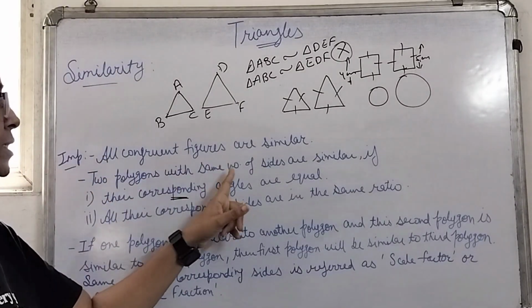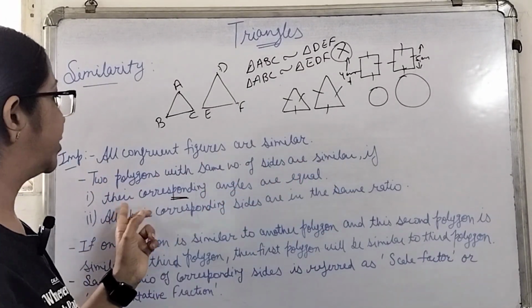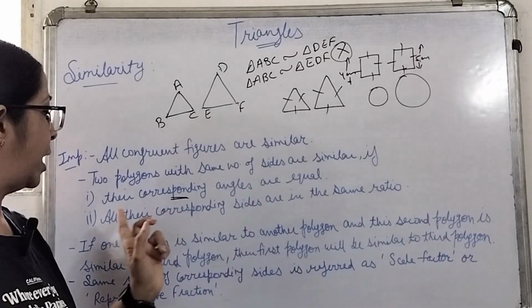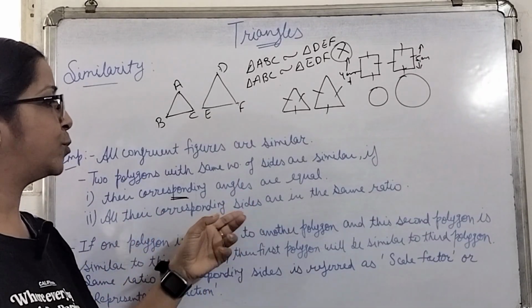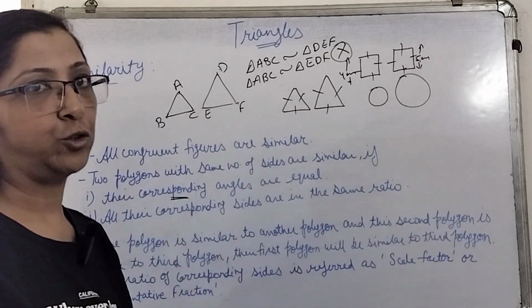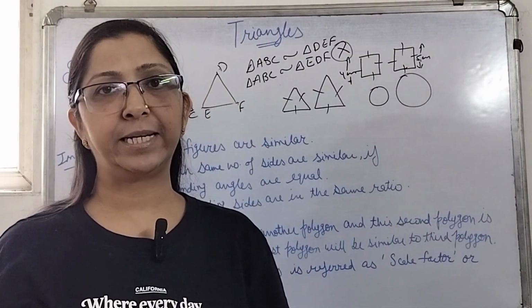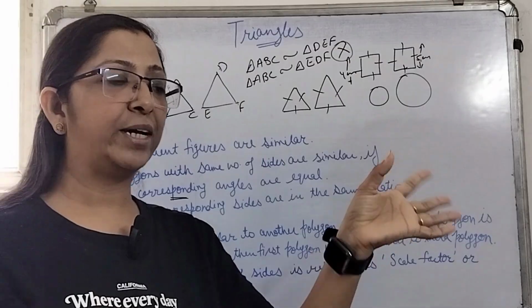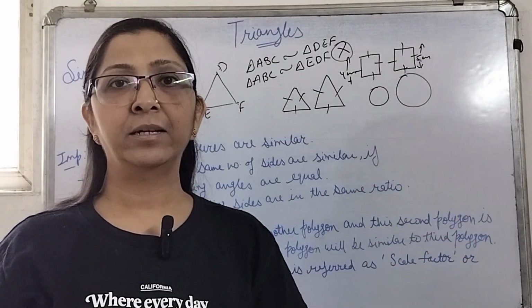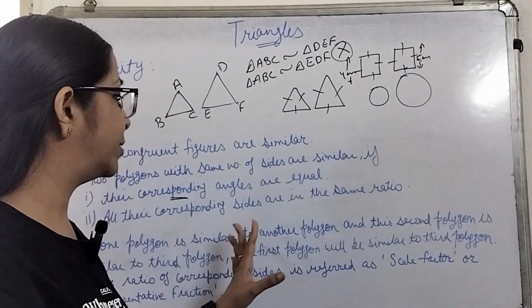So two polygons with the same number of sides are similar if their corresponding angles are equal and all their corresponding sides are in the same ratio. Now suppose we have three polygons with the same number of sides, say three hexagons.